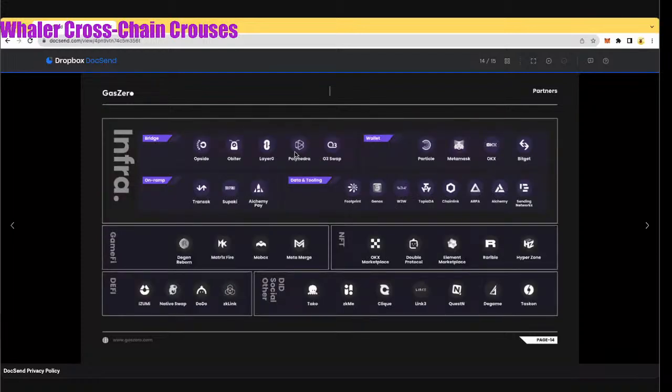A couple words about the infrastructure, GameFi and DeFi partners. You can see these names. These are our existing partners which we are talking with, and they are basically the use cases for our future.